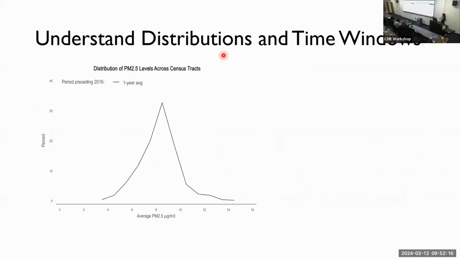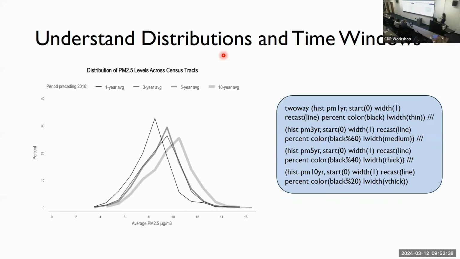Another graph that I want to introduce is the histogram, to understand the distribution better. This shows the histogram of average PM2.5 using the 1-year average value prior to 2016. We can see that the average value is about 8.5 or so. But if you graph the temporal variation, using different time frame average values of PM2.5, you will see different patterns.